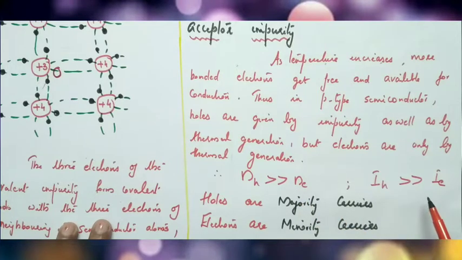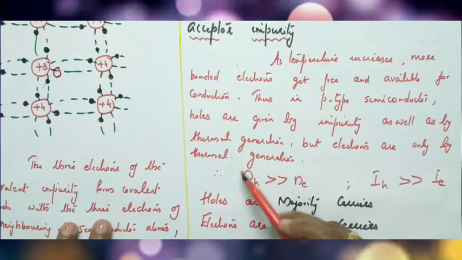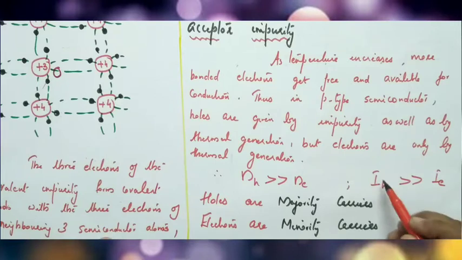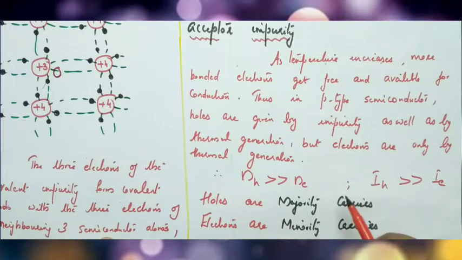Similarly, hole current is greater than electronic current. Since the number of holes is greater, holes are called majority charge carriers and electrons are called minority charge carriers. Maximum current is produced by holes.